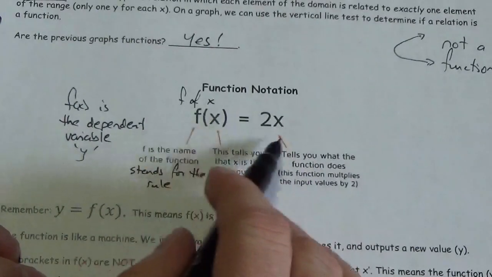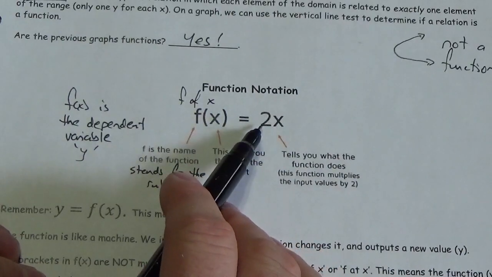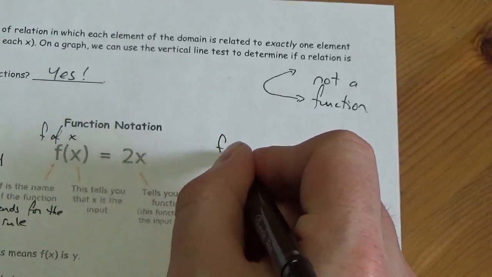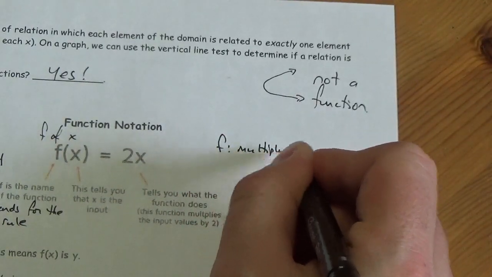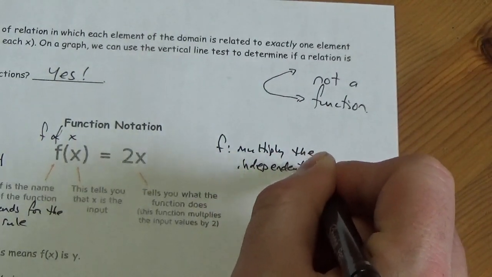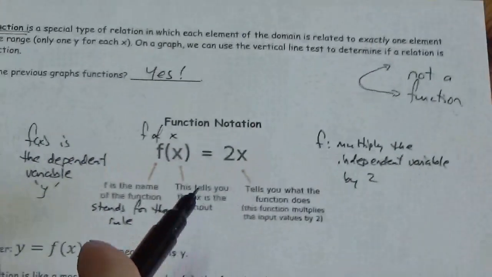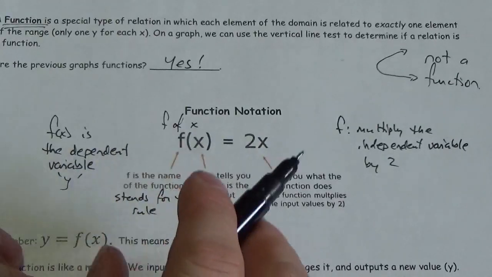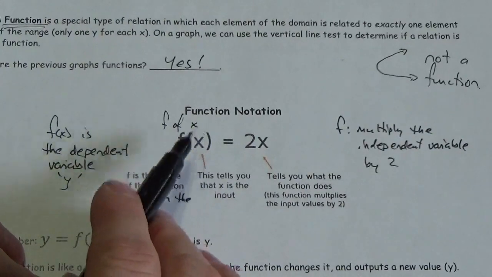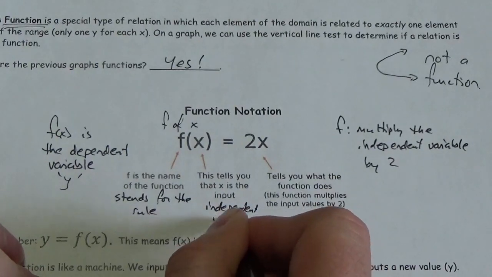For example, in this case right now, the rule is that I'm going to multiply the independent variable by 2. That's what f stands for. F, in this case, literally means multiply the independent variable by 2. That's what the f in this function notation means, very specifically. Now, what's inside the parentheses here, this is the independent variable.